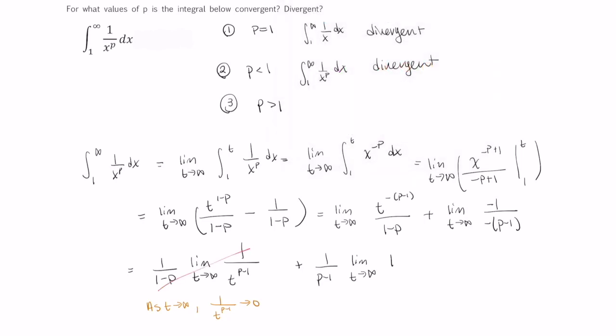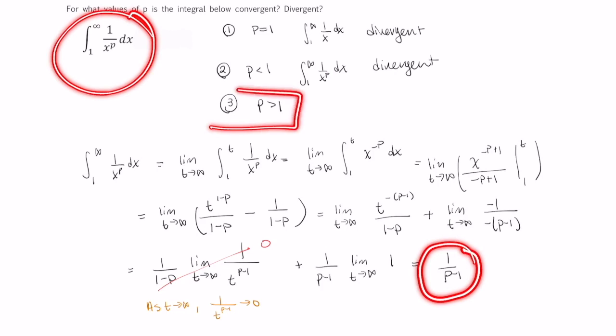So this entire limit is 0. And then here we know the limit of a constant is just that constant. So this evaluates to just 1 over p minus 1 times 1, which is just 1 over p minus 1. Since this is a finite value, we know this integral converges for values of p larger than 1.